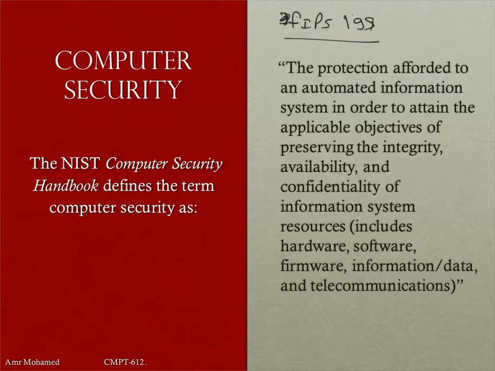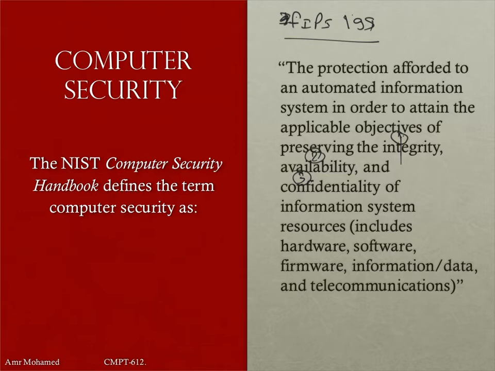So they define security, or computer security in general, as the protection afforded to an automated information system in order to attain applicable objectives. Sometimes they call them objectives, minimum requirements or fundamental requirements, but these are very important objectives that at least should be achieved in any security system, which are, of course, integrity, availability, and confidentiality.